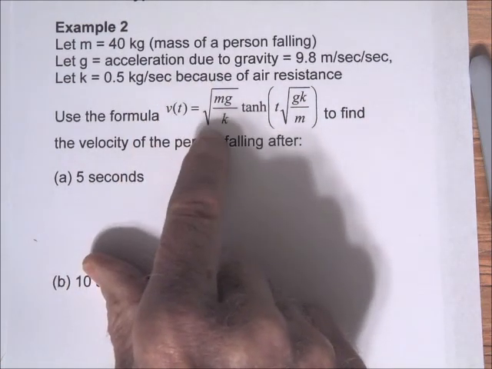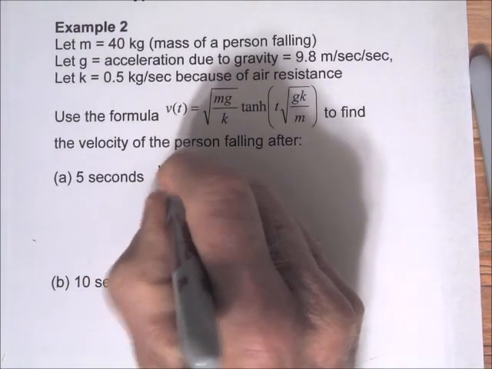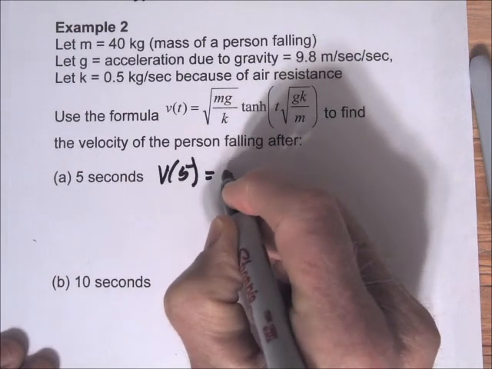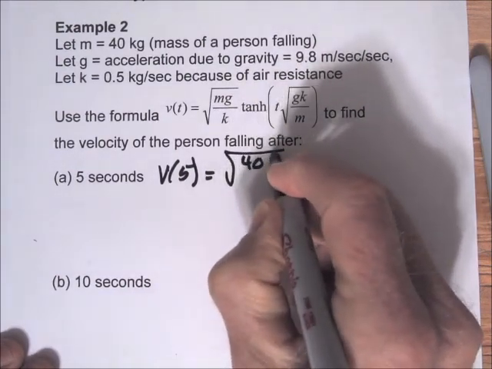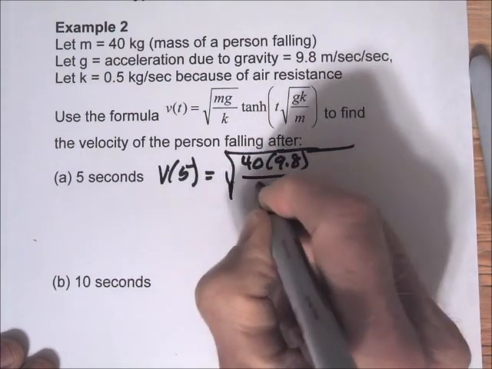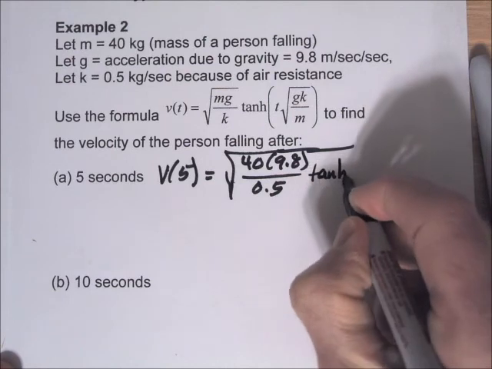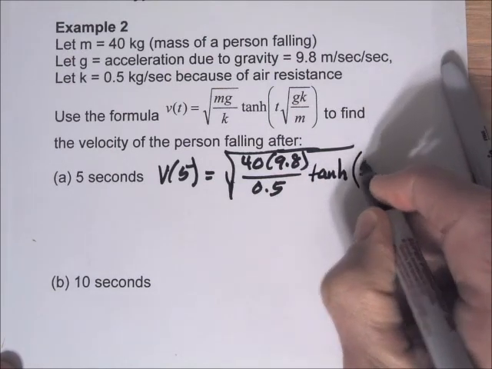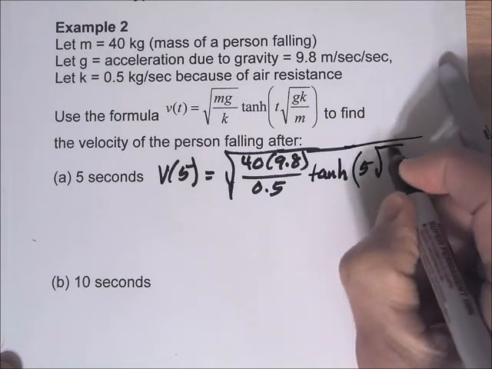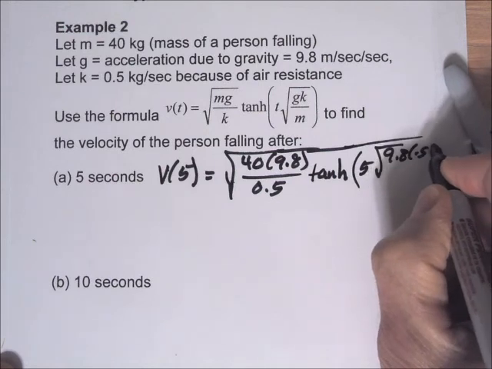So if we plug into the formula, after 5 seconds, v of 5 is going to be the square root of 40 times 9.8 over 0.5 times the hyperbolic tangent of 5 times the square root of 9.8 times 0.5 over 40.